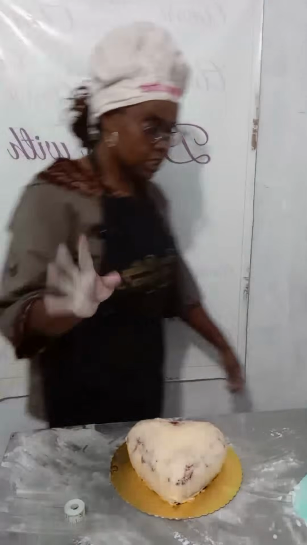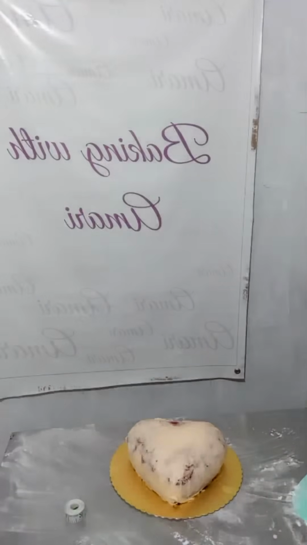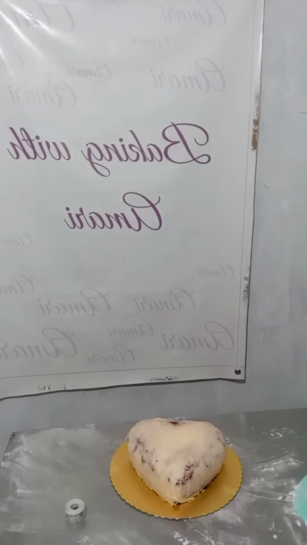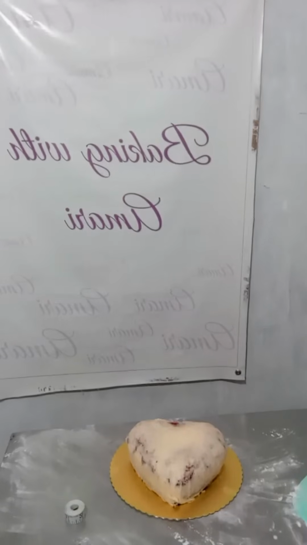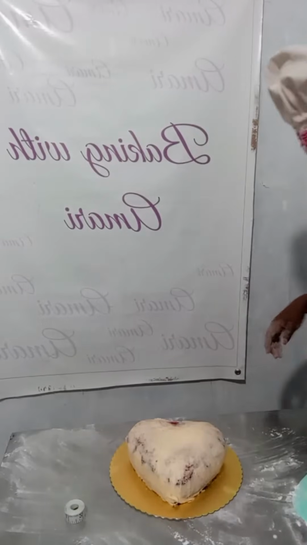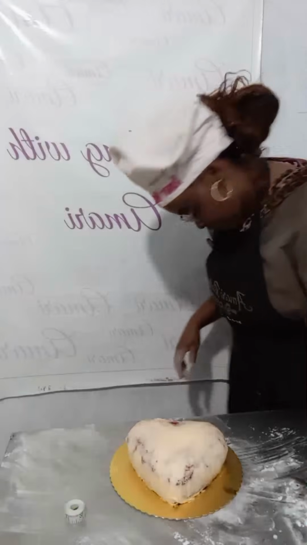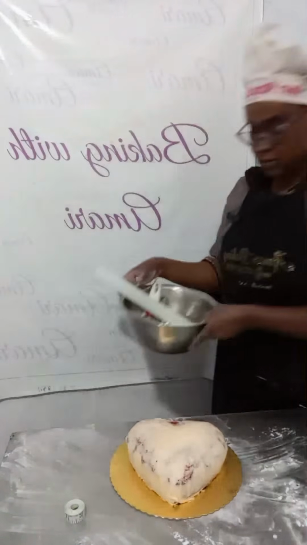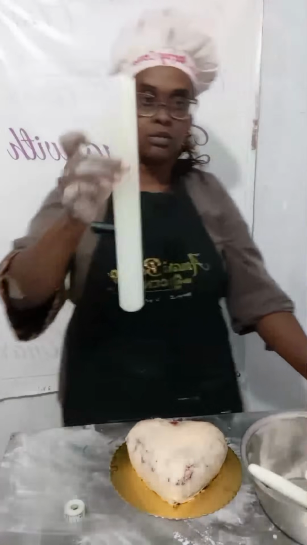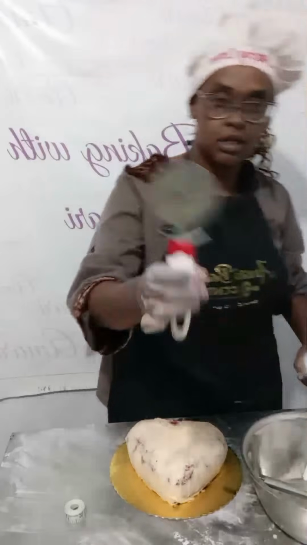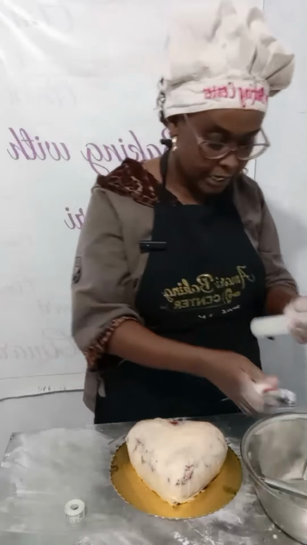Now the tools you need to do this, let me make some space. You need a rolling pin, a pizza cutter, something to cut like a pizza wheel.